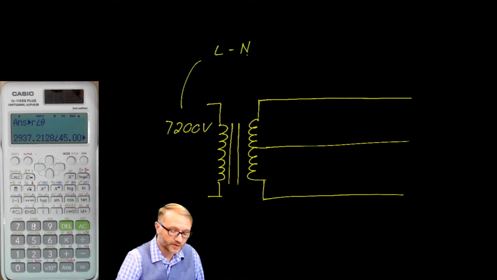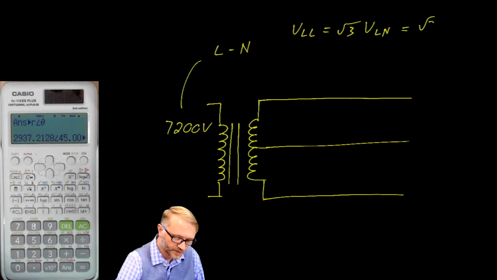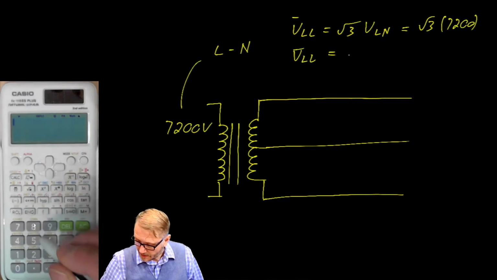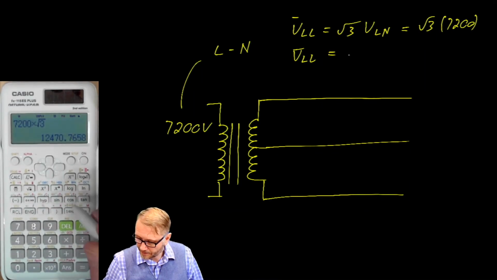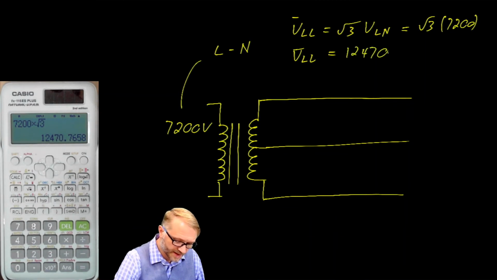So if you wanted to know the phase-to-phase voltage running on the power lines outside your house, you could say that volts line to line is equal to √3 times the voltage line to neutral, which in this case is √3 times 7200. So the voltage line to line is 7200 times the square root of 3. So that would be 12,470.